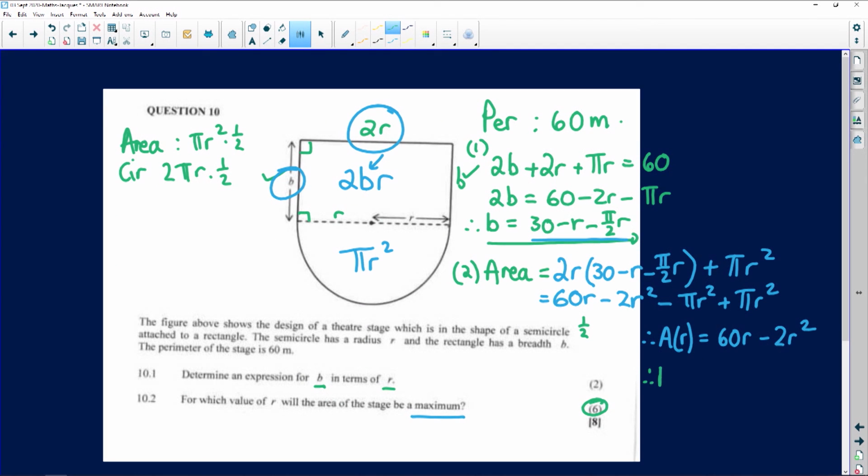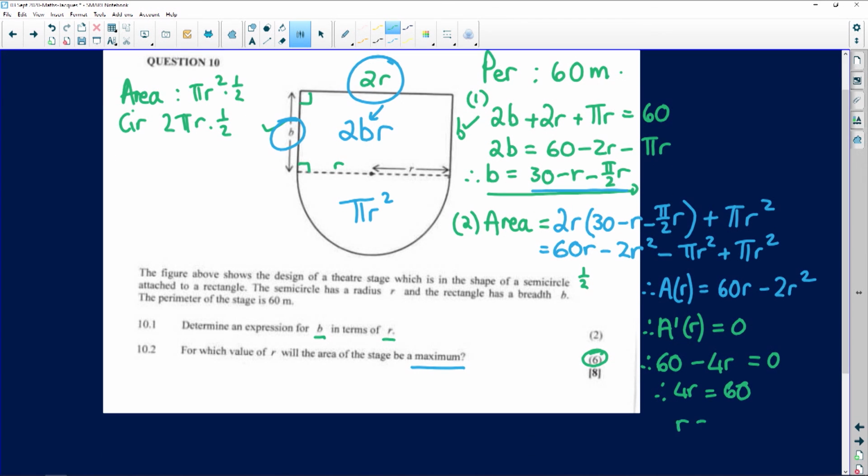Therefore, now we say A prime r is 0. If I differentiate, I get 60 minus 4r, which is 0. So what is 4r? Don't forget your therefore signs. 4r is indeed 60. And then what is that value of r? R will be 60 divided by 4, which is indeed 15 meters.